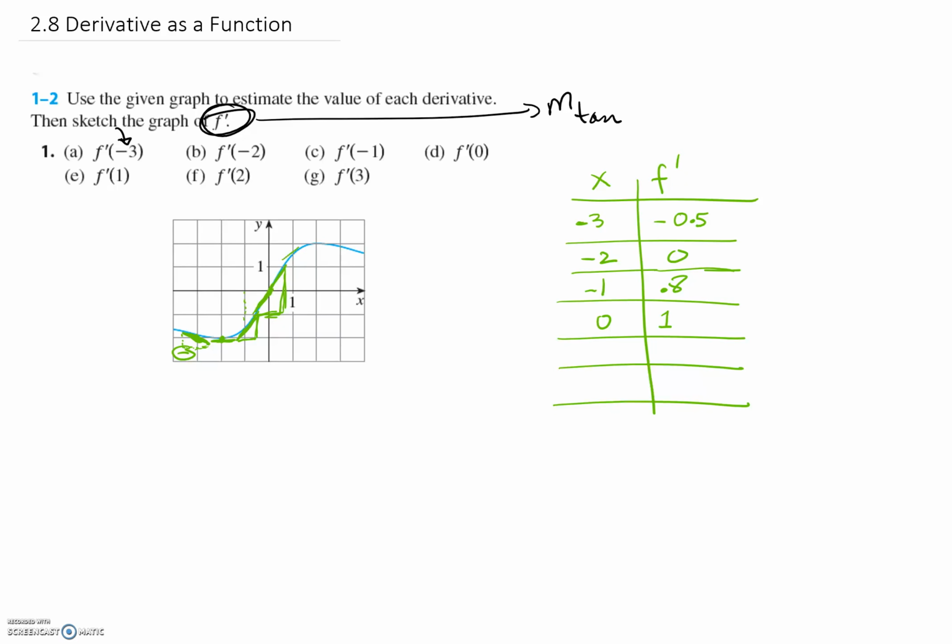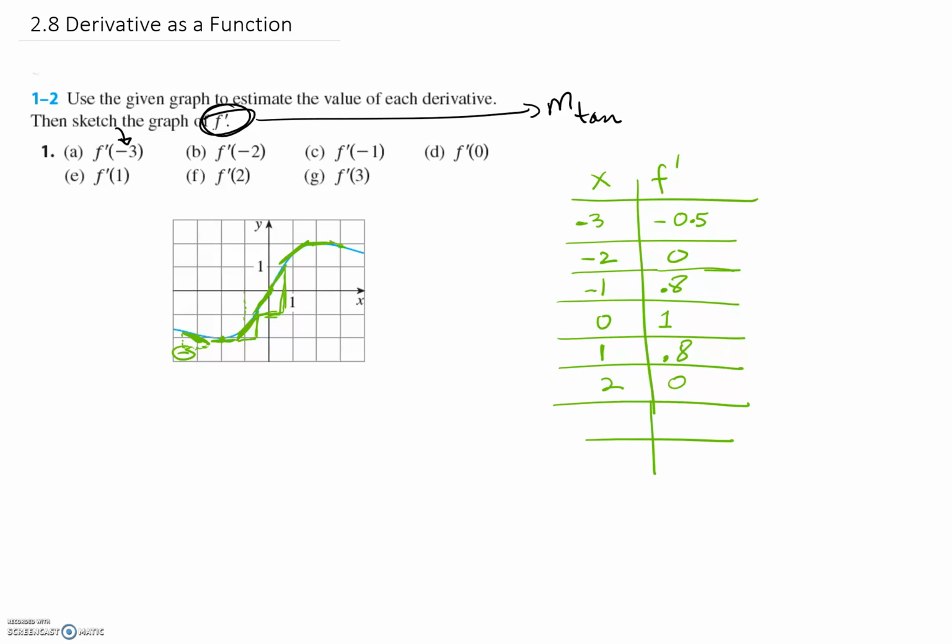And at 1, I have this whole symmetry business going on. This one looks kind of the same as this one maybe. So at 1, I'll say that's about 0.8. This is the same as this. Then we get to 2, and again, we have a horizontal tangent line, so the slope is 0 there.